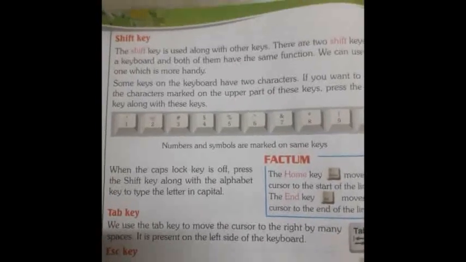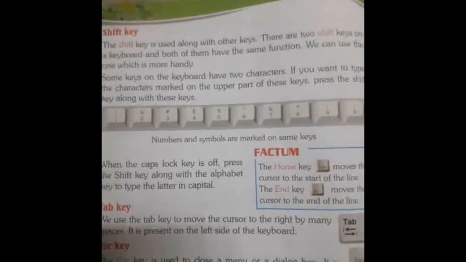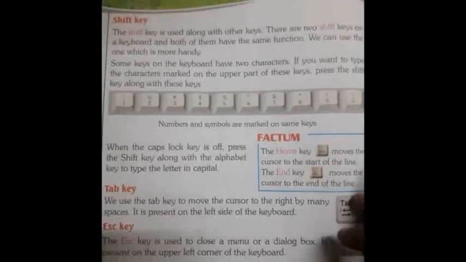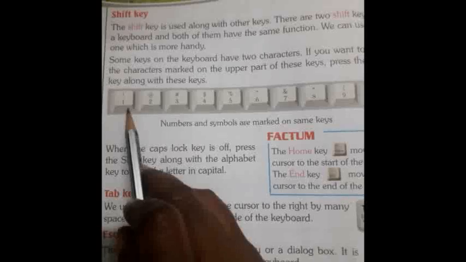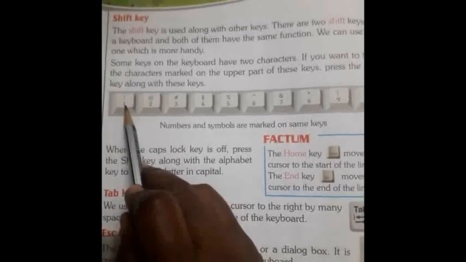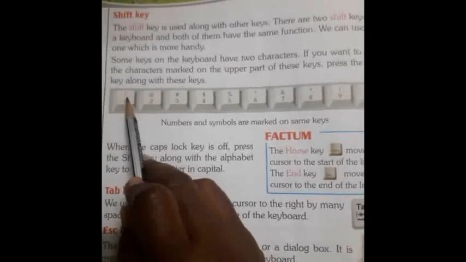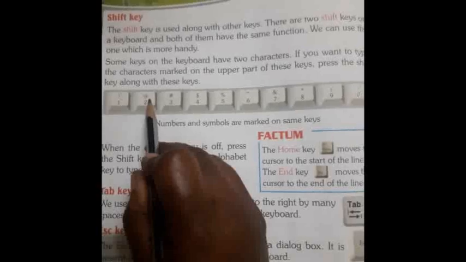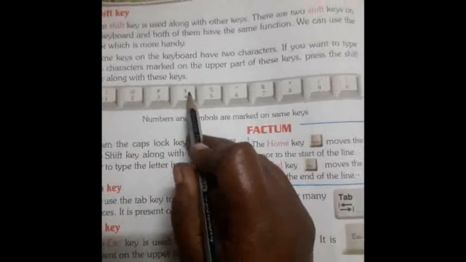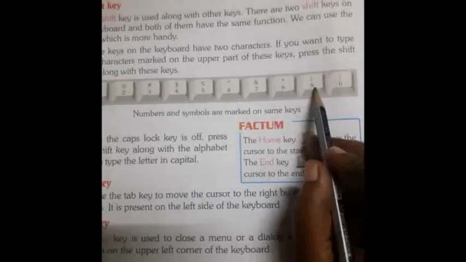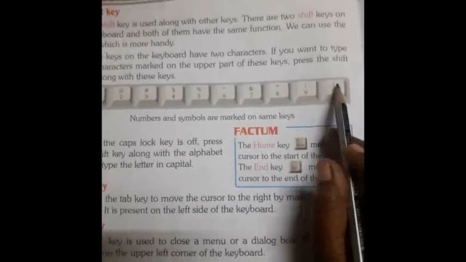So what is the purpose of this Shift key? For example children, if you look at the keyboard, we find 2 characters in each key. See here: 1, this is the exclamation mark; 2, at the rate; 3, hash; 4, dollar; 5, percent; 6, exponent; 7 and 8, star; 9, starting bracket; 0, closing bracket.